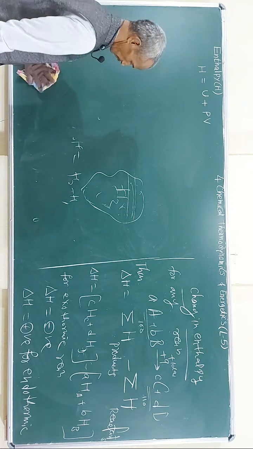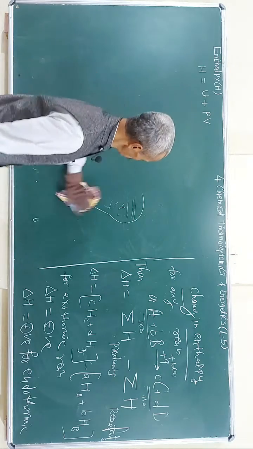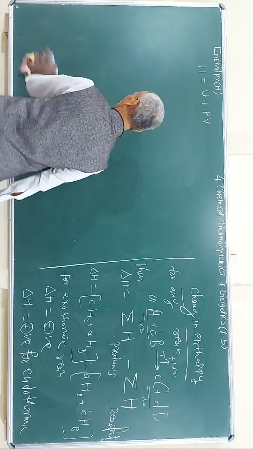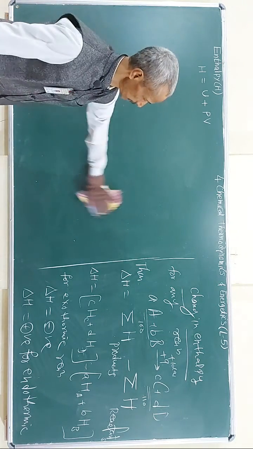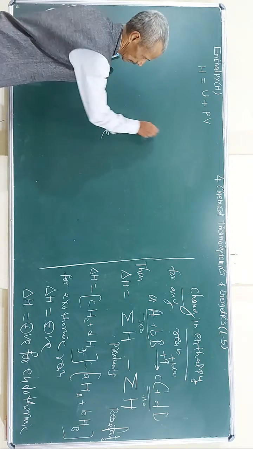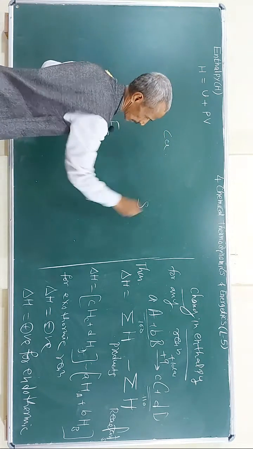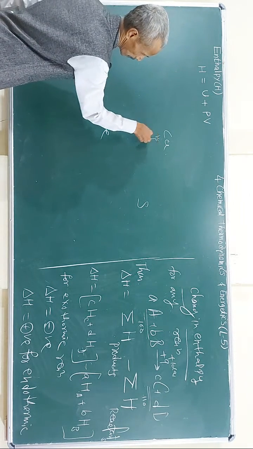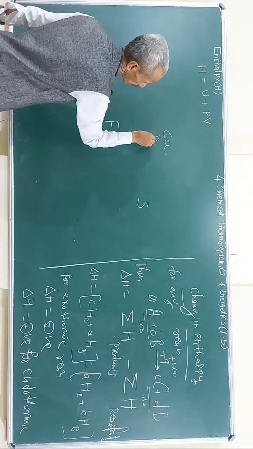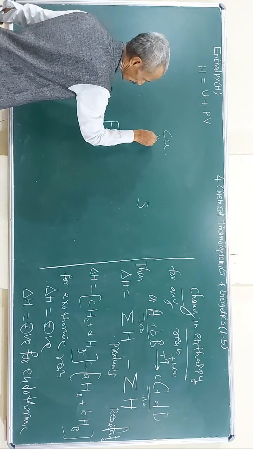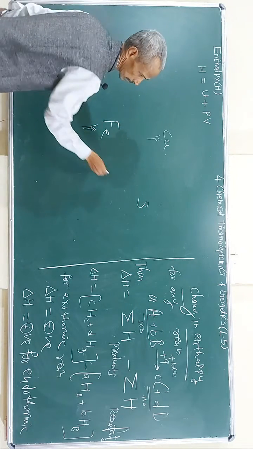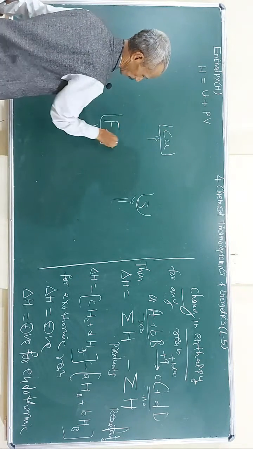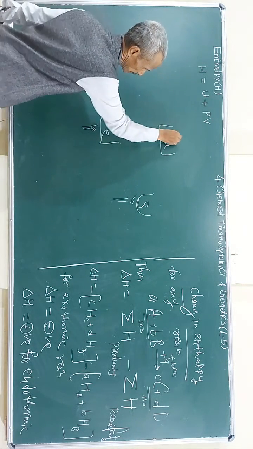Imagine, if you consider iron, copper, and sulfur, and you supply the same amount of heat, for the same time, by the same burner, to the copper, the iron, and the sulfur.